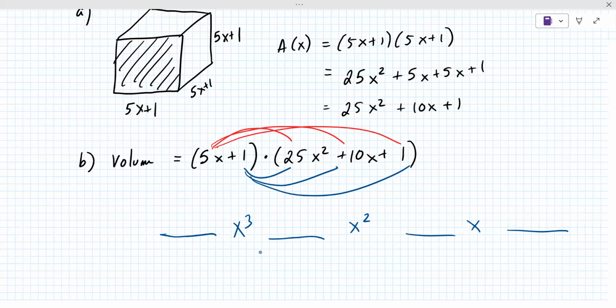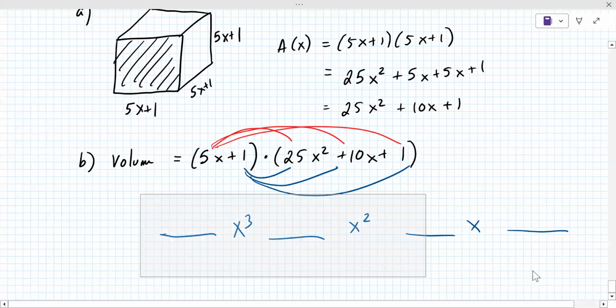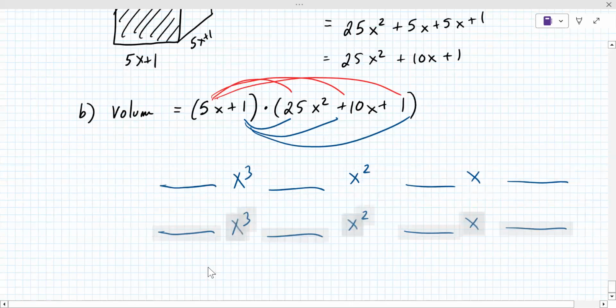I got 155x squared plus 60x plus 6. Okay, yeah, then maybe this is a little too much here to ask you to do.